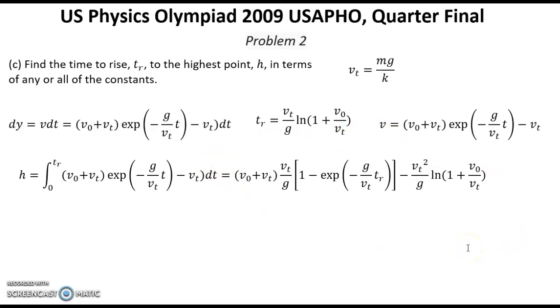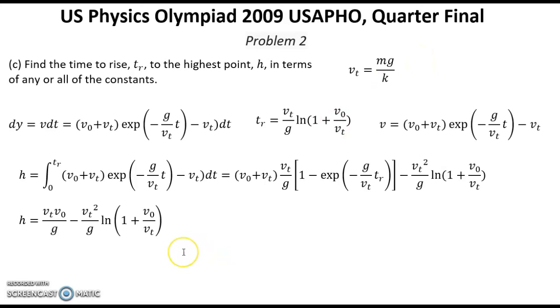But tr is known, it is this one. So we can insert this tr here and calculate the final result. That will be this one, where v terminal equals this.